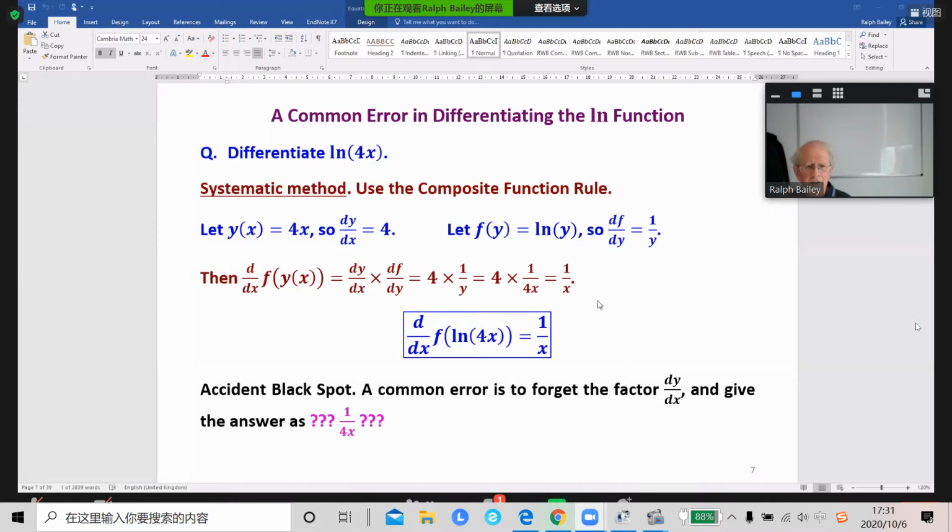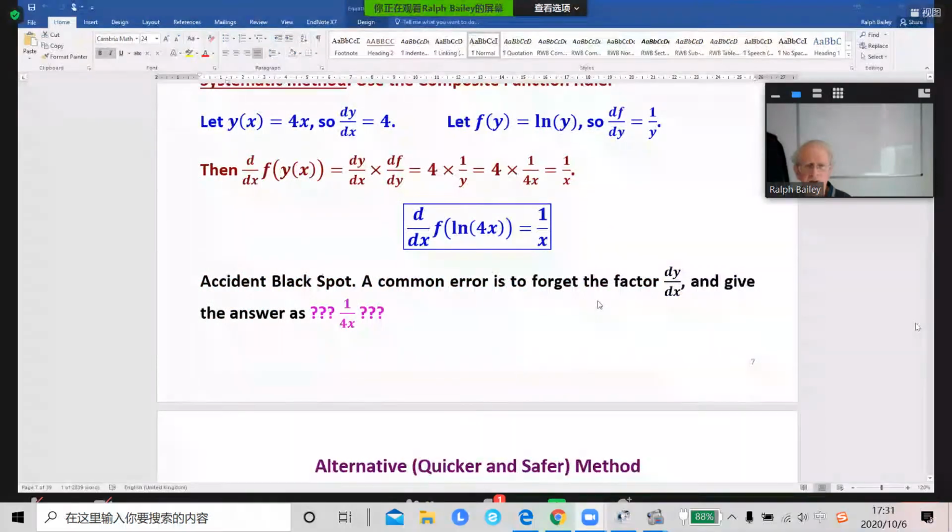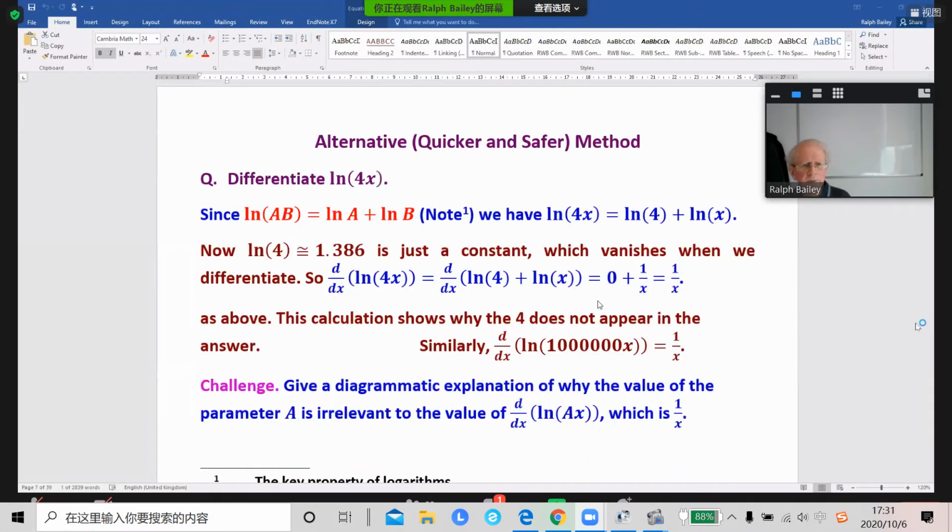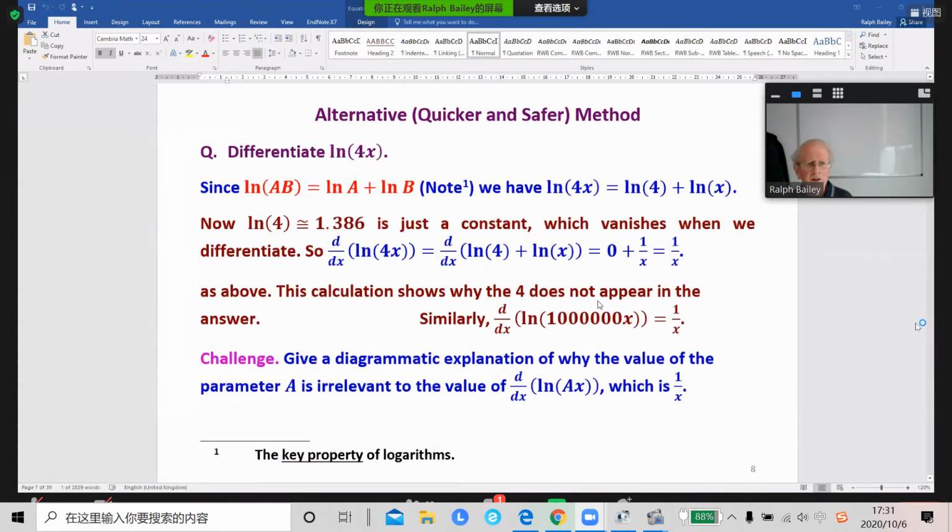Here's another method of getting the same answer, and it's to use the most important property of logarithms, namely that log of ab is log a plus log b. So if you apply that to 4x, you get log 4 plus log x.